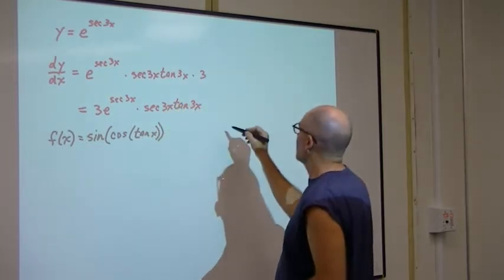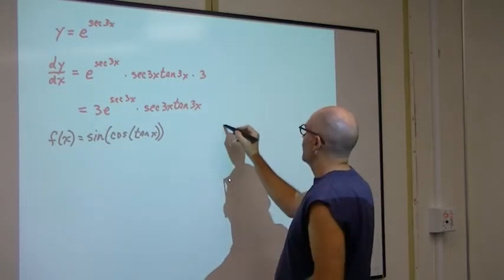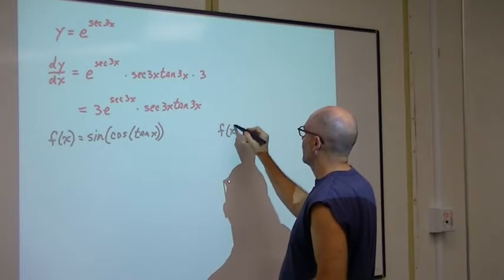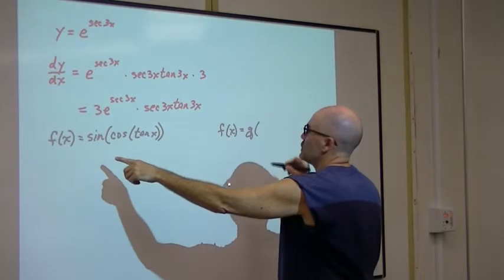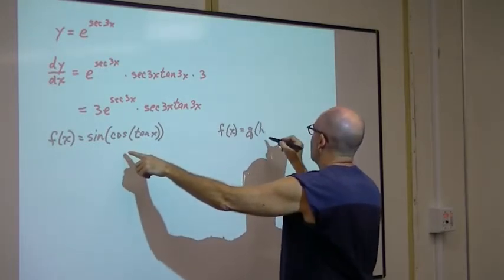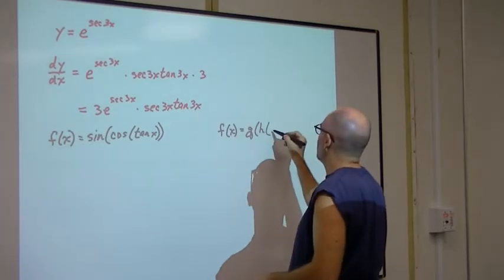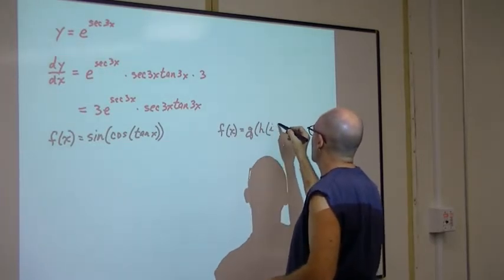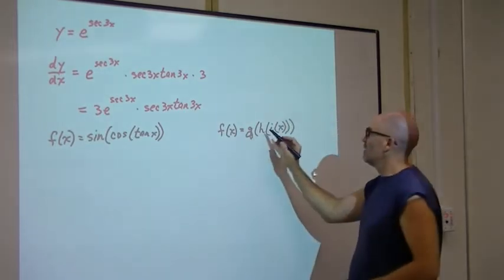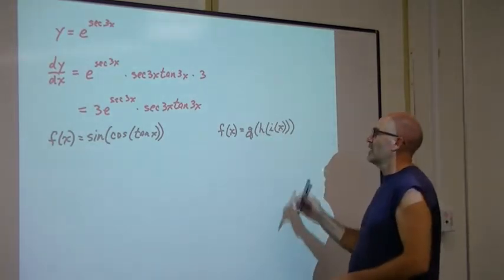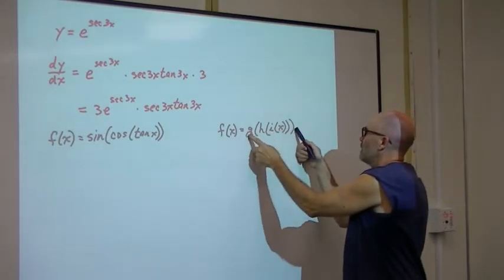Notice, let's just call this f of x really equals the sine function, which we'll call the g function, of the cosine function, which we'll call the h function, of the tangent function, which we'll call the i function. So notice we have a g of h of i of x.